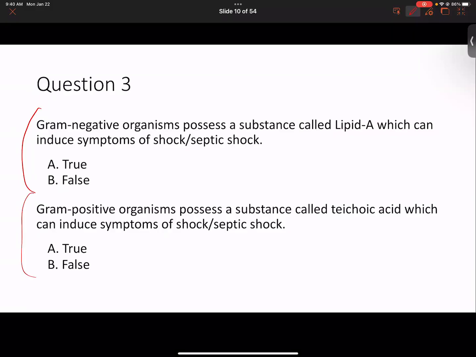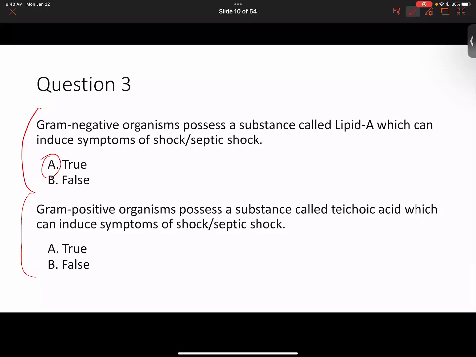Gram-negative organisms possess a substance called lipid A, which can induce symptoms of shock, septic shock. You think that's true or false? Have you heard of lipopolysaccharide, LPS? Yes. One of the constituents of LPS is lipid A. It's a fatty acid chain that helps to embed lipopolysaccharide into the outer membrane of gram-negative organisms.